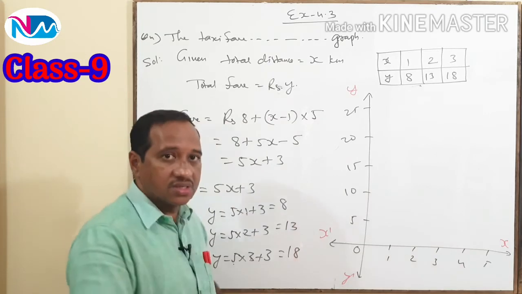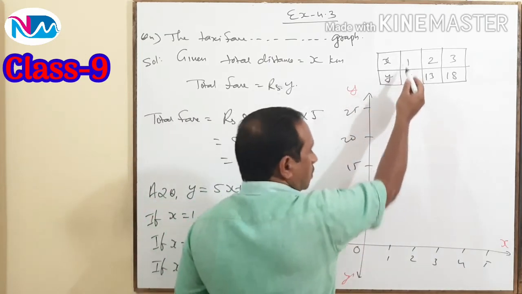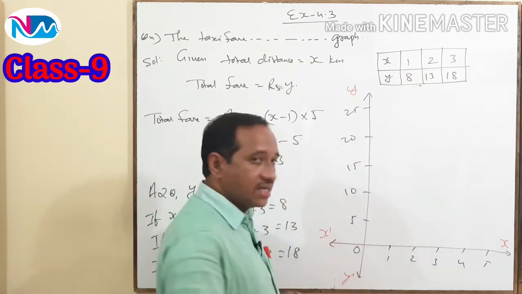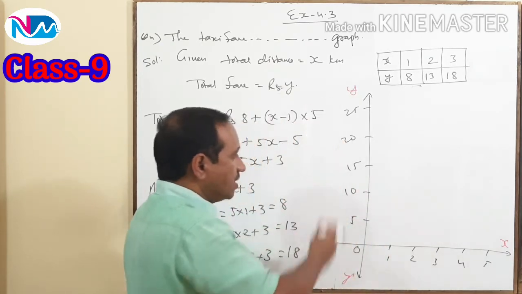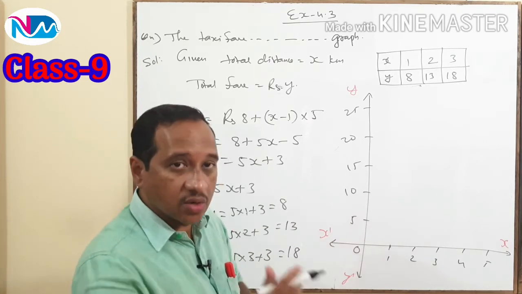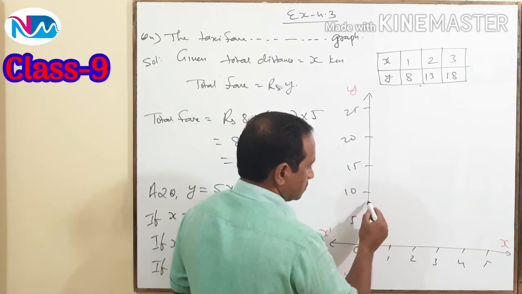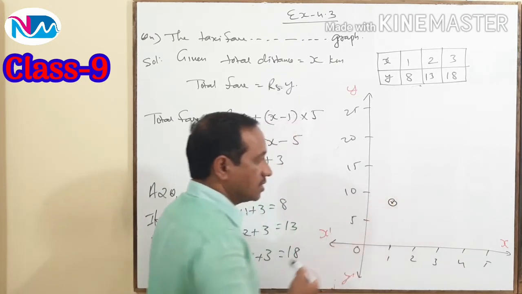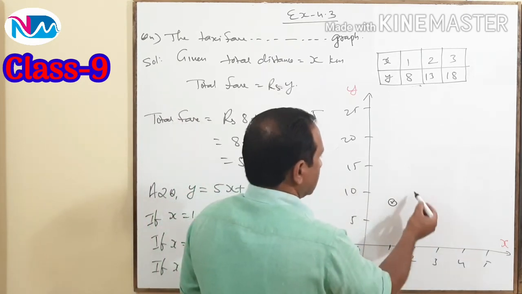Now I am going to plot these points in this Cartesian plane. The first point is x coordinate 1, y coordinate 8. Here in the x-axis, I take the scale 1 centimeter is equal to 1 unit, and along the y-axis, I take 1 centimeter is equal to 5 units. So accordingly, you have to mark 1, 8. It is somewhere here. The next 2, 13.